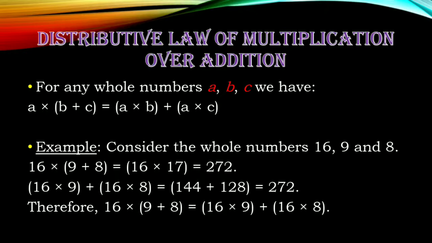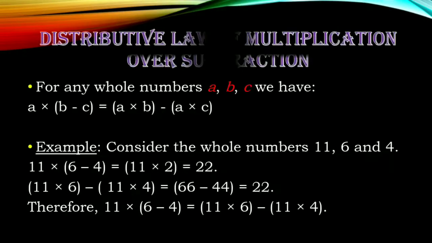Next is distributive law of multiplication over subtraction. For any whole numbers a, b, c, we have a multiplied by c subtracted from b, which is equal to a multiplied by c subtracted from a multiplied by b.